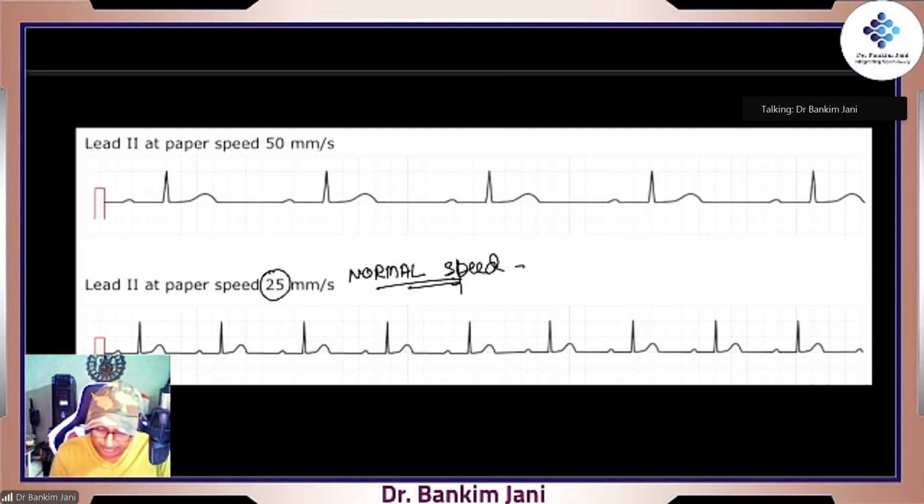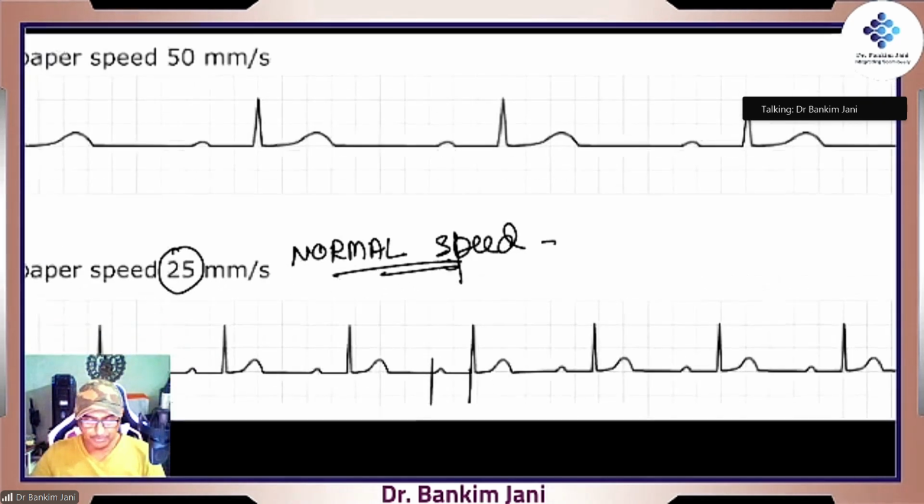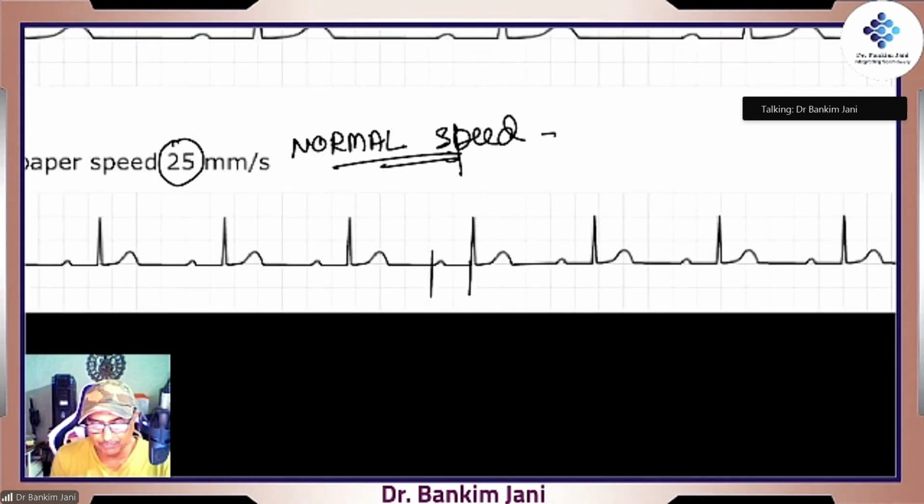In this normal speed, this is our P wave, and this is our PR interval. You'll find that, beyond doubt, it is more than one big square. From here to here, definitely more than one big square.